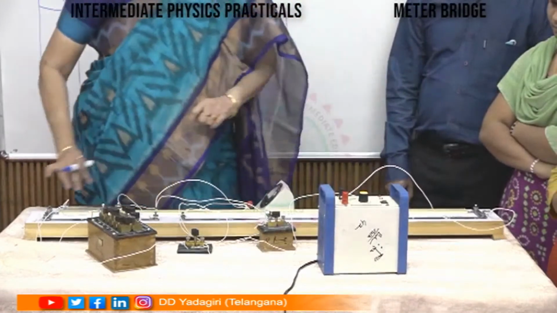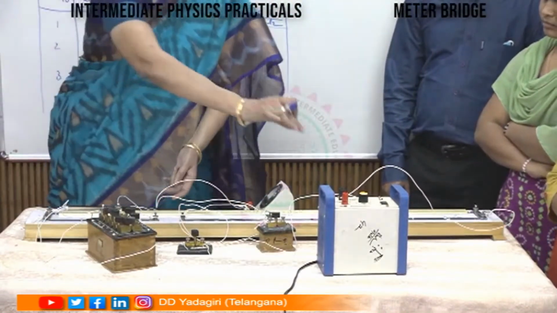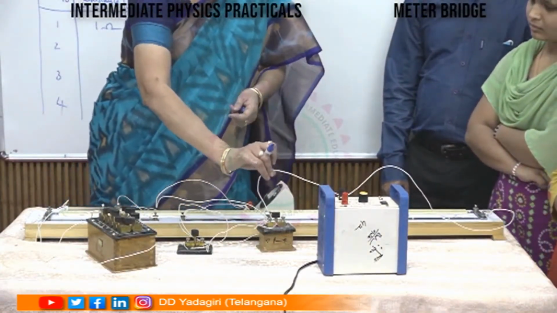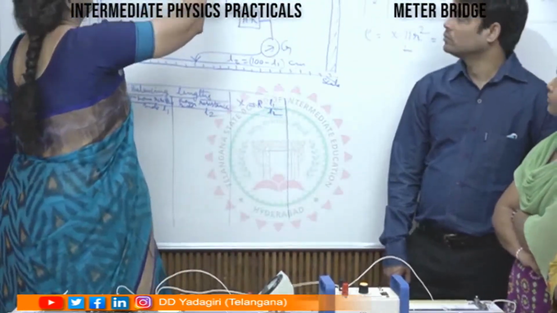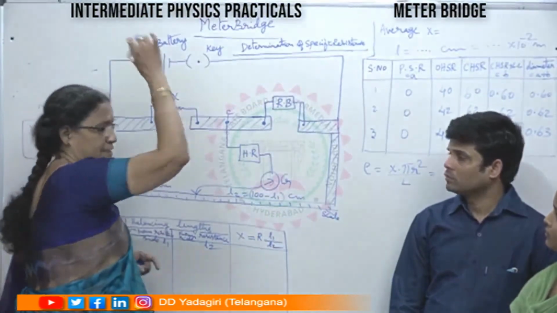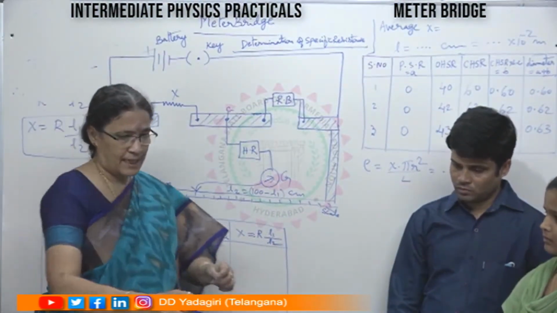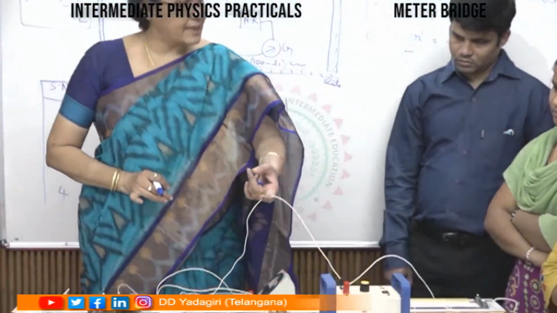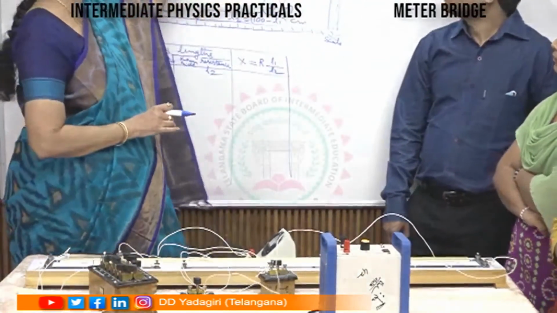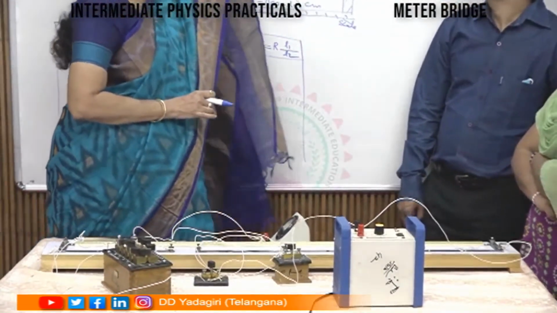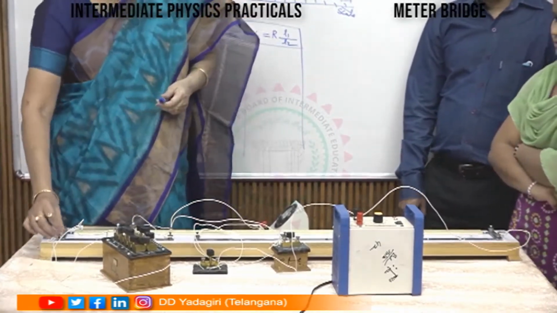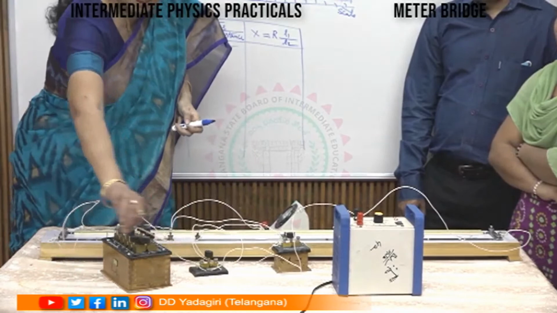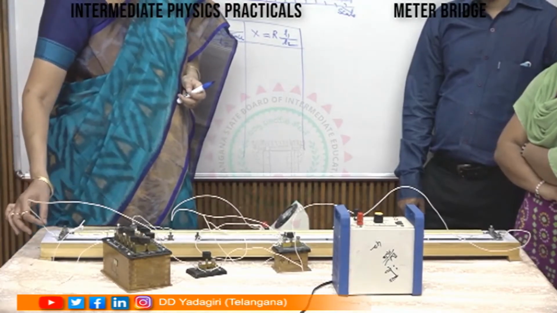And the negative of the battery is connected to the key. I am just putting the dot, that means the plug is inserted. The other end of the key is connected to the other end of the meter bridge here.